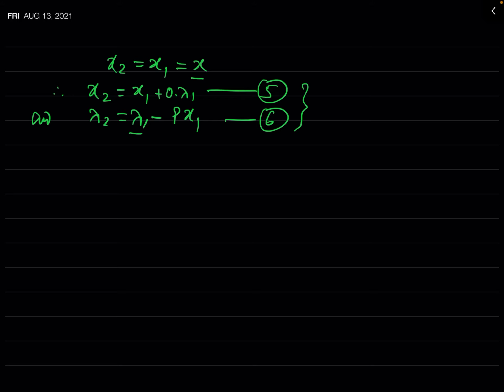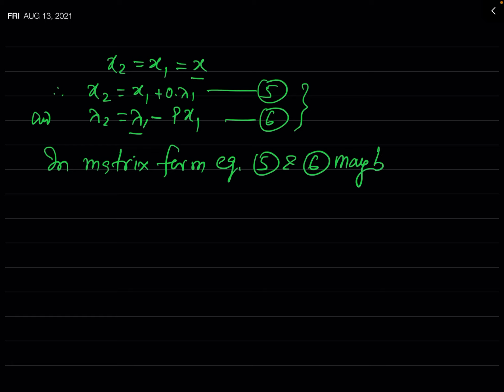Now see, these two equations 5 and 6 may be written in terms of a single matrix equation. In matrix form, equation 5 and 6 may be written as follows. You have learned these things also in the previous lecture.